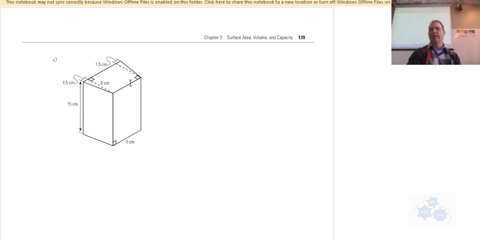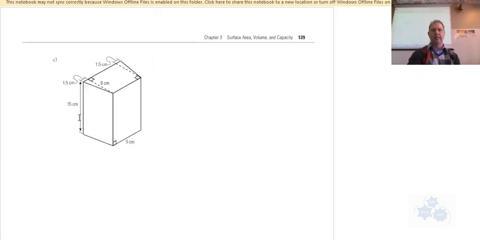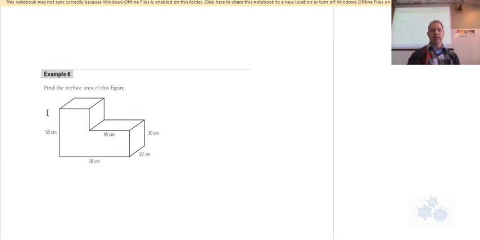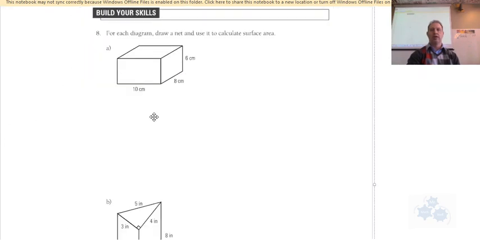So that's going to add a little bit of fun to your net diagram. So you guys have the rest of the class to work on question number 8. Just question number 8, actually. And then we'll take a look at this one here tomorrow. Okay? So you work on question number 8, using the net diagrams to find surface area.